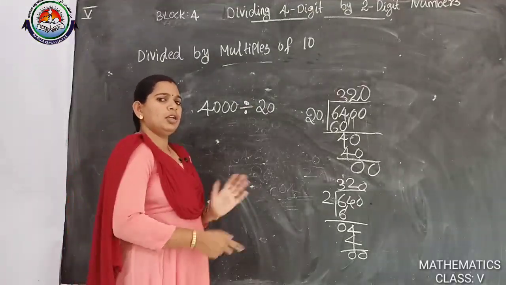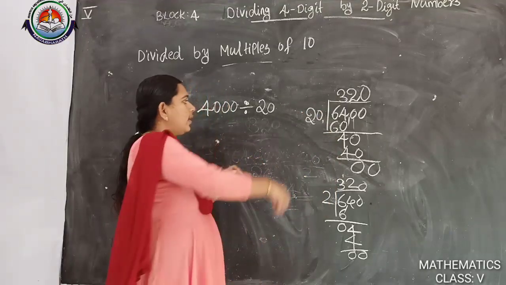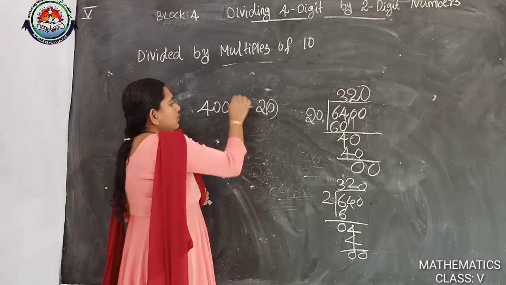How to get this answer? Not by long division. How do you get this answer? The 0 and the 0 finish.